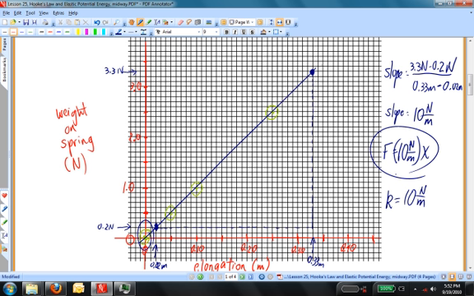Now this is an idealized sort of simulation. In real springs, what you'll find is that you'll have some data points that are a little above or a little bit below your best fit line, but if you're working with a spring that is in its elastic range, then you're going to get a roughly linear version of the force versus the elongation, and that will obey Hooke's law.